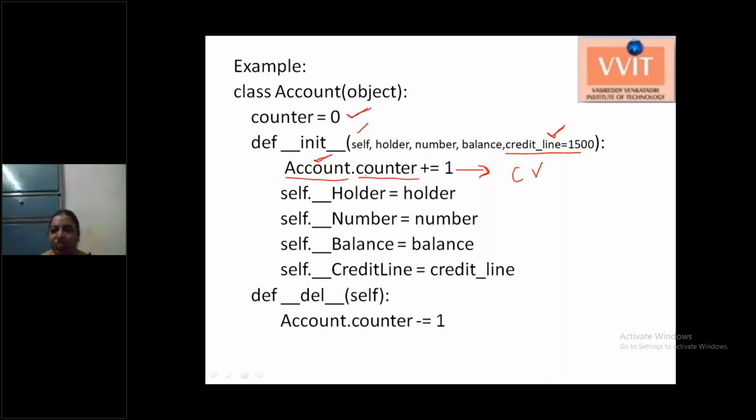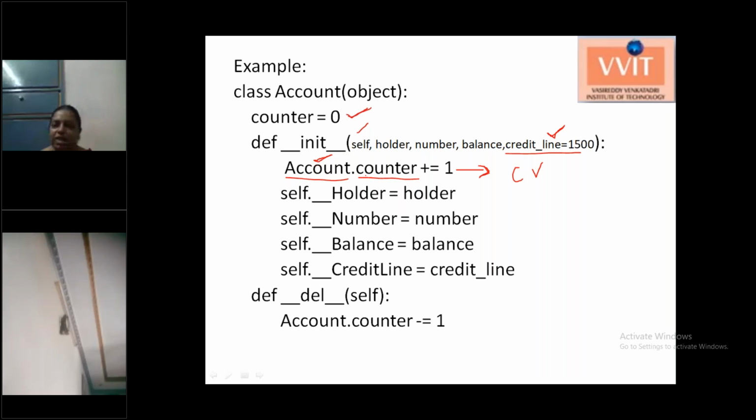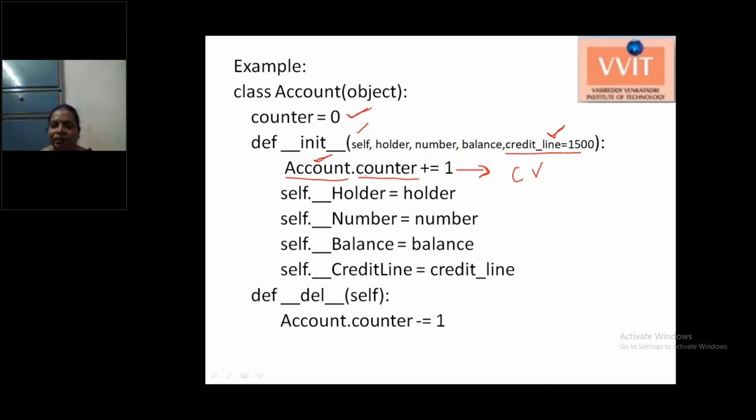So whenever you want to create a class variable, first, you need to create that variable outside all the functions, that is at the class level. Second, you need to access that class variable with the name of the class, but not with the self parameter. Whenever you access with the self parameter, it will be treated as a normal object variable, not as a class variable.